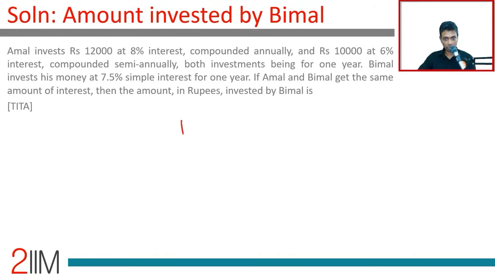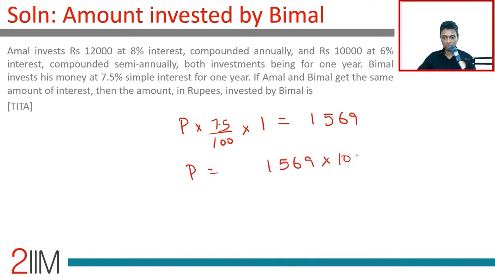So principal into 7.5 by 100 rate into 1 is 1569. And so principal is 1569 into 100 by 7.5. And we can make this 15, make it into 2, 100 into 2 by 15. We can cancel off a 3 with this, cancel off a 5 with this.